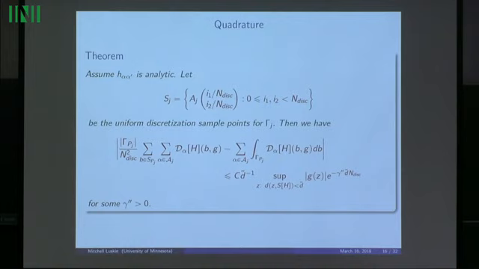So instead of going to the large body limit, we just have to integrate over all these disregistries or shifts. That's why we wanted to know about the smoothness of this function, and we can show that with any simple uniform discretization, we get exponential convergence in the number of quadrature points.